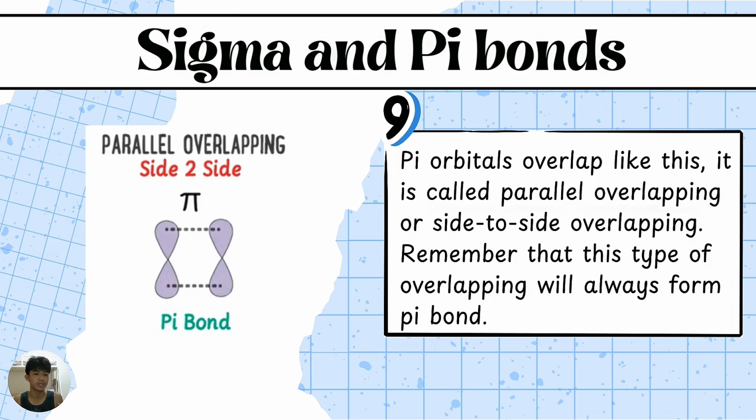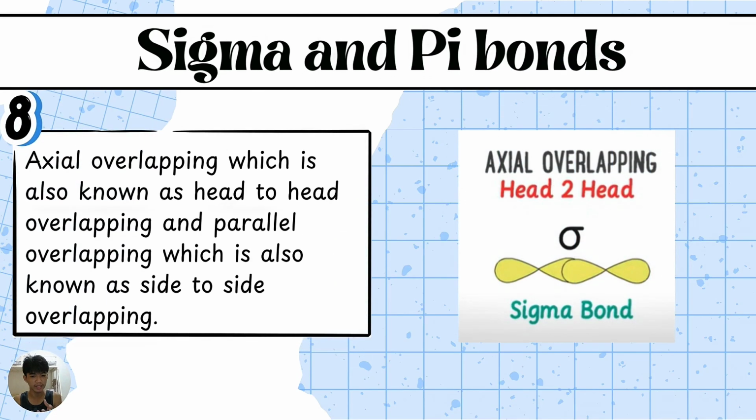So if it's overlapped side to side, then that is pi bonds. In basic terms, if they are not really seen touching or actually merging together, that's pi bonds. But if their head touches, then that is sigma bonds.